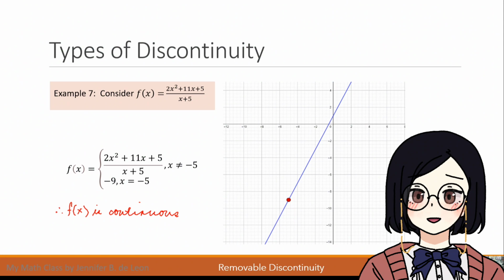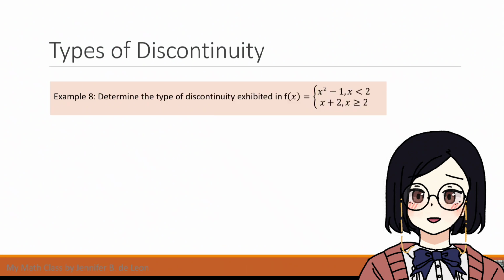Okay, so let's have another example. Let's determine the type of discontinuity exhibited in f of x equals x squared minus 1 where x is less than 2, and x plus 2 where x is greater than or equal to 2.